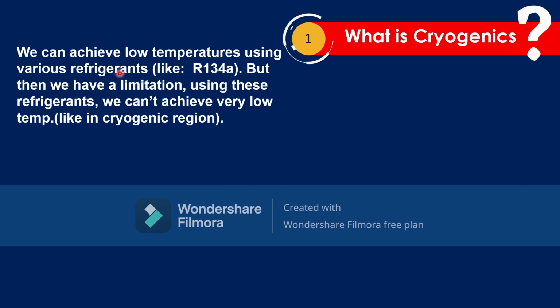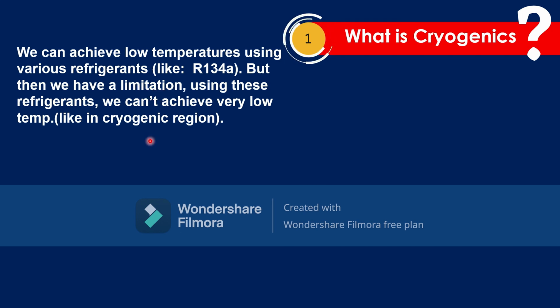So why do we need cryogenics? Okay, so here we have the answer. We can achieve low temperatures using various refrigerants, like here is the example, but then we have a limitation.